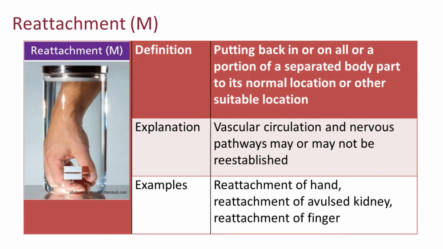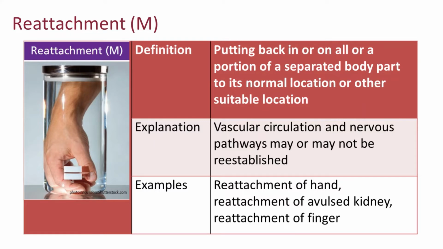Now, reattachment. The root operation reattachment is defined as putting back in or on all or a portion of a separated body part to its normal location or other suitable location. Procedures coded to reattachment include putting back a body part that has been cut off completely or avulsed completely.